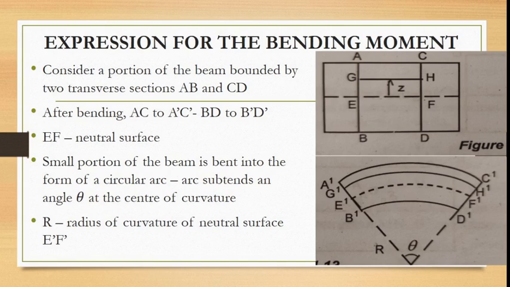So the small portion of that beam is bent in the form of a circular arc. This arc subtends an angle theta at the center of curvature.